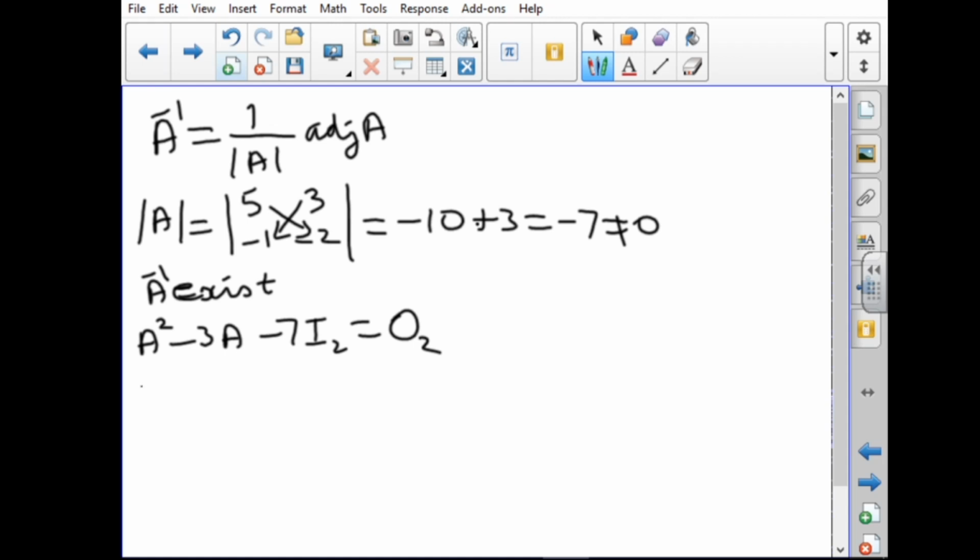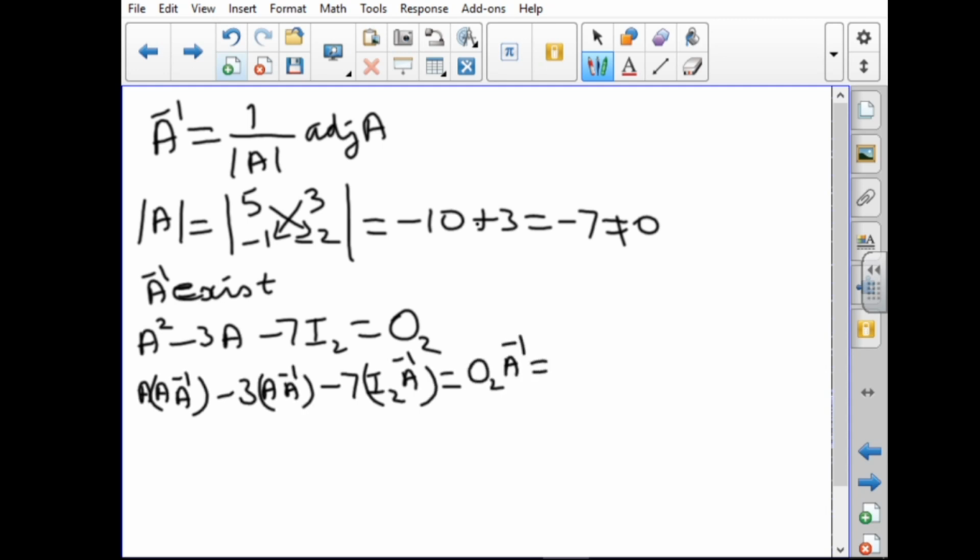When you post multiply, A square is A into A inverse, minus 3 into A inverse, and minus 7I2 into A inverse is equal to O2 into A inverse, which is nothing but the null matrix.